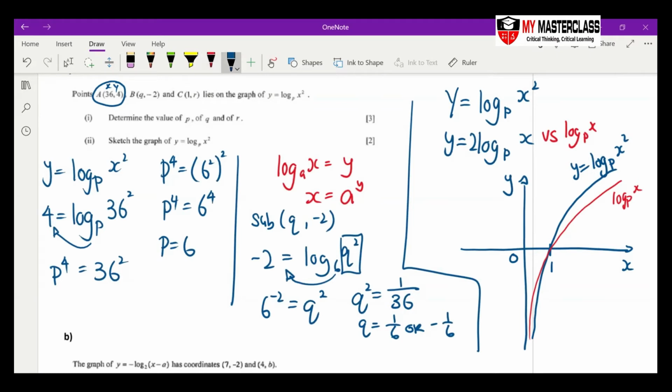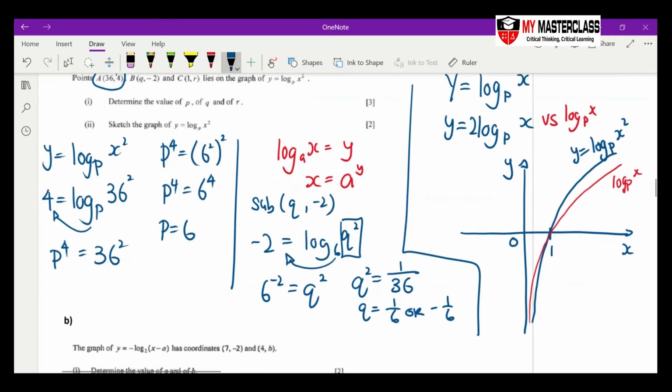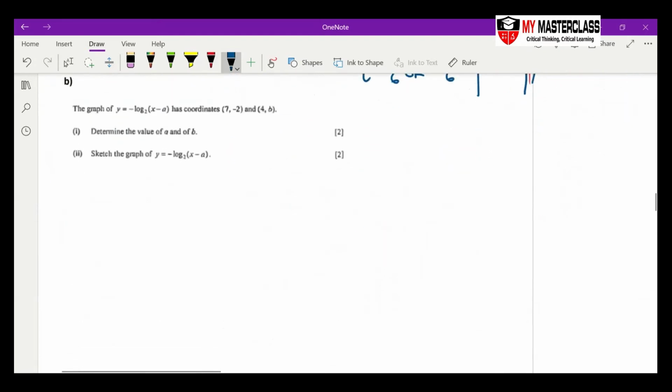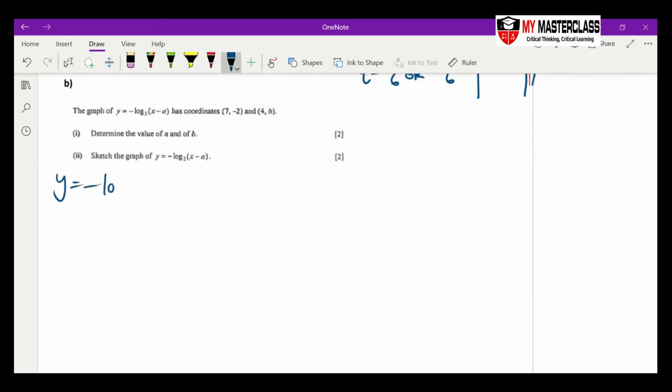This question was from a prelim paper, and this one will be a more horrendous one. I will have y equals negative log base 2 of x minus a. Same thing, I sub in 7 comma negative 2.